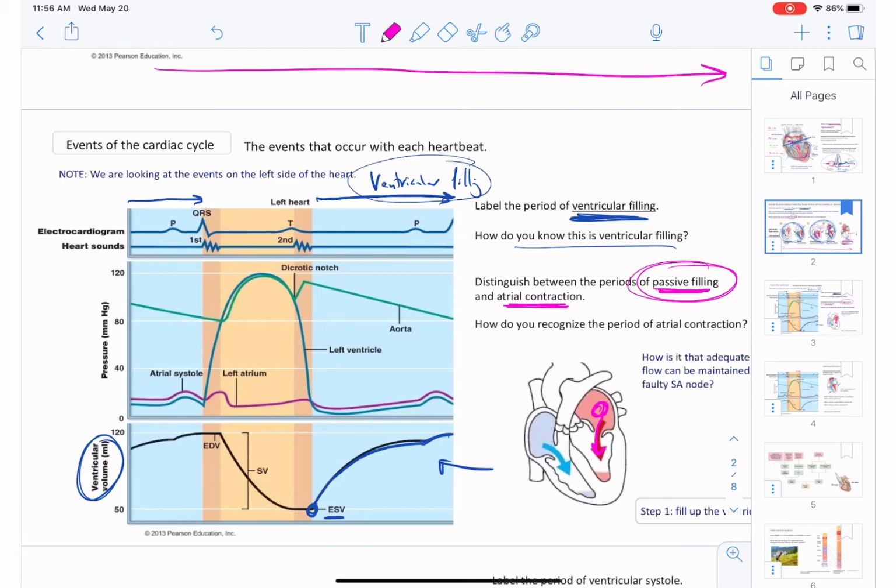And specifically, not because the atria are contracting. So this period right here represents passive filling. And as you can see, most of the blood that moves from the atria into the ventricles occurs during this period of passive filling.